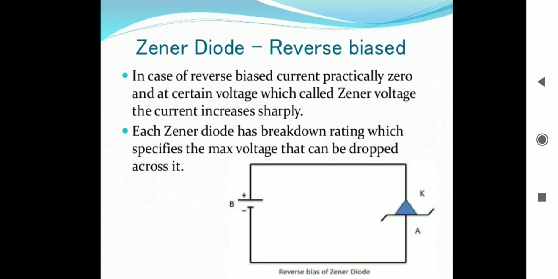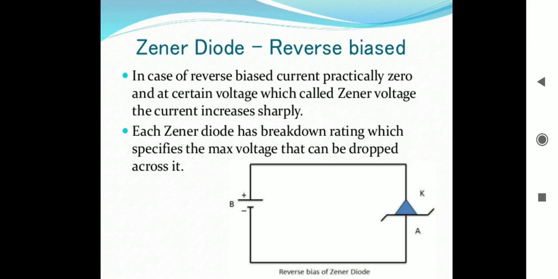The depletion region of the Zener diode is very thin because of the impurities. The heavy doping increases the intensity of the electric field across the depletion region of the Zener diode, even for a small reverse voltage.